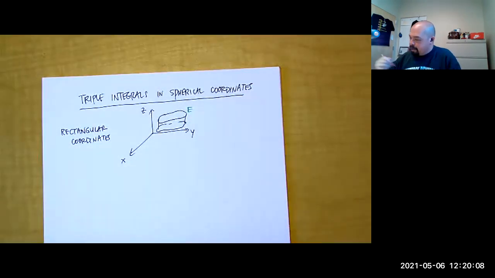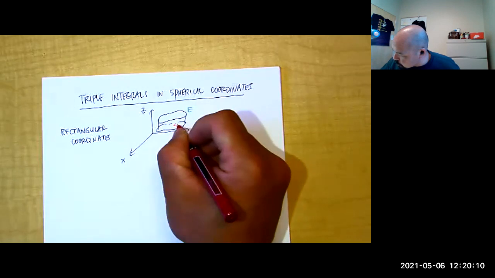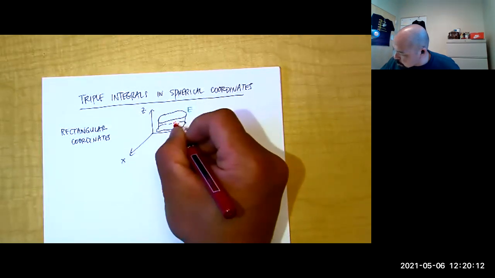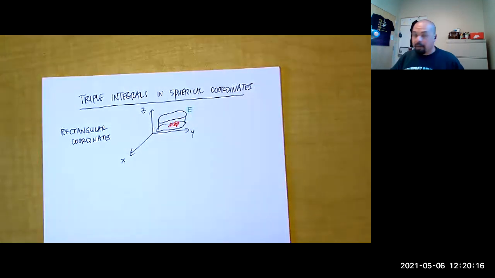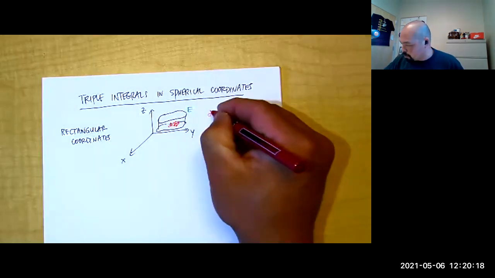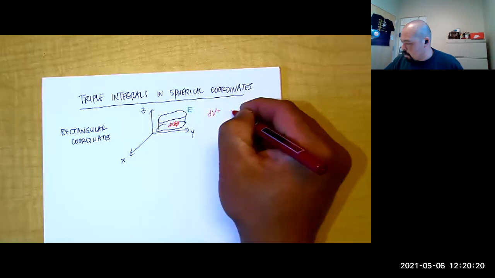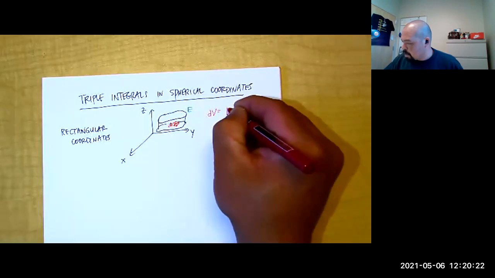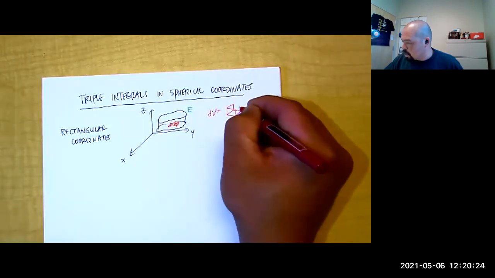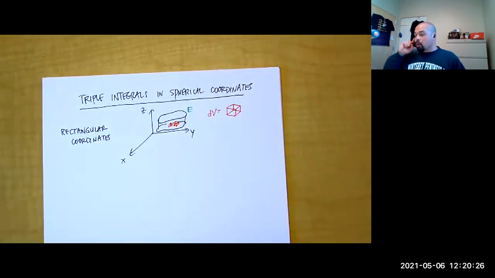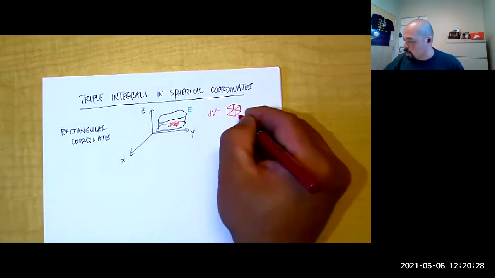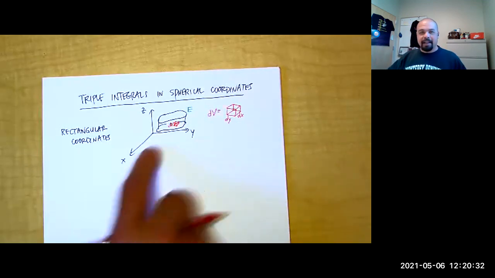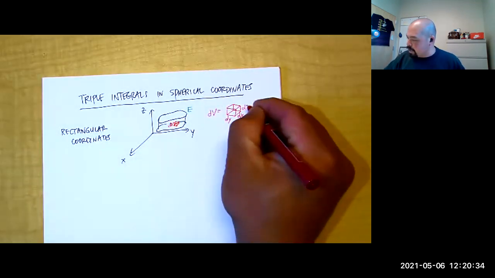We're going to build up these little rectangular blocks of volume dV, where we can assign dimensions to those: dy, dx, trying to organize in that same aspect, dz.